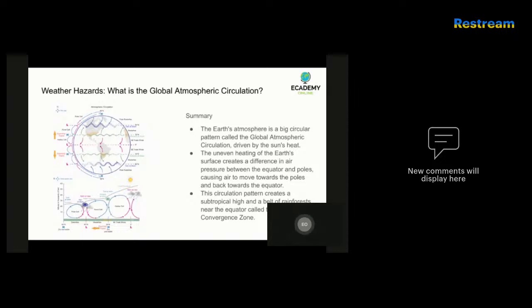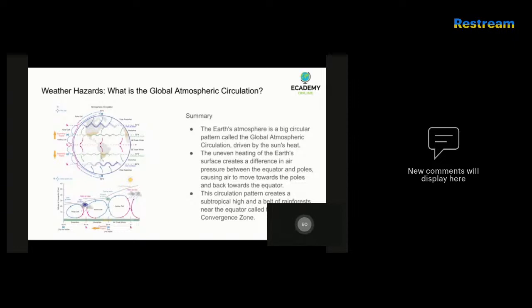This sinking air creates a high pressure zone at around 30 degrees north and south of the equator. This is known as the subtropical high. The cool dense air then moves back towards the equator, completing the circulation pattern.